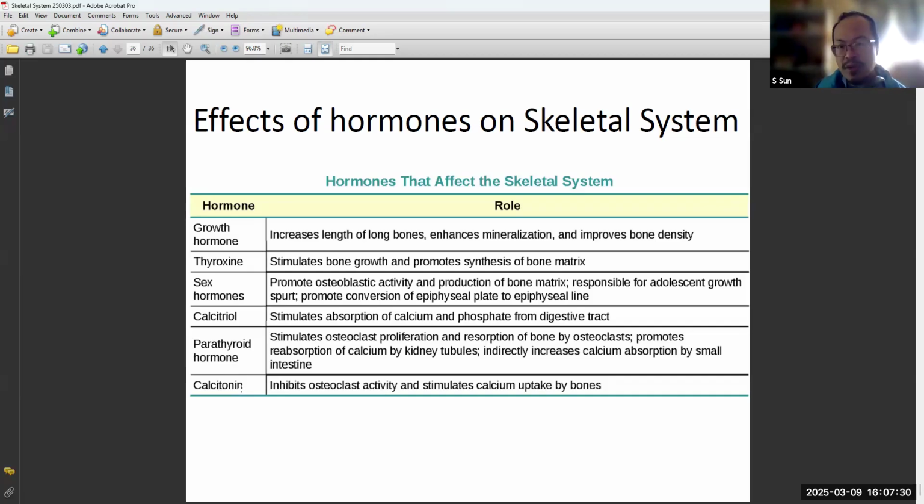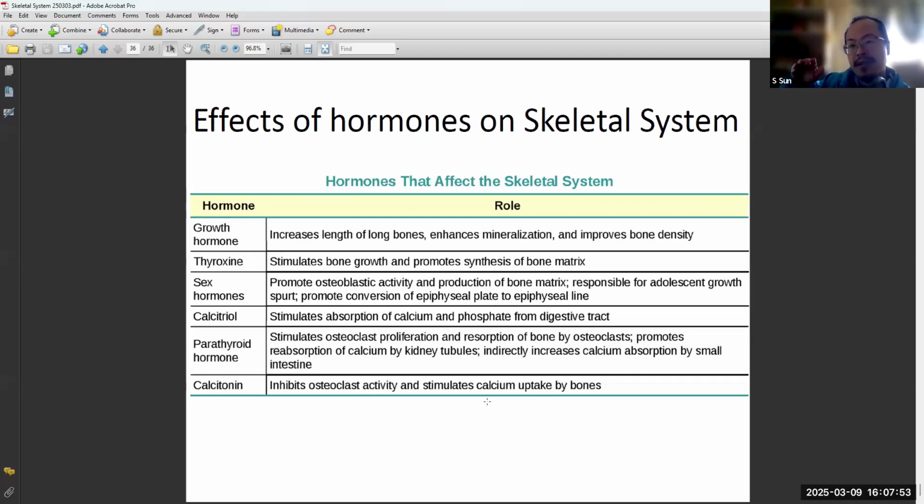When it stores it in the bone, it inhibits osteoclasts. So basically, it inhibits bone mineral loss. It prevents mineral loss by osteoclasts, increases the calcium uptake, and stores this calcium in the bone.